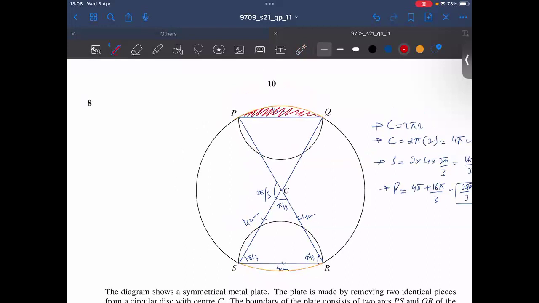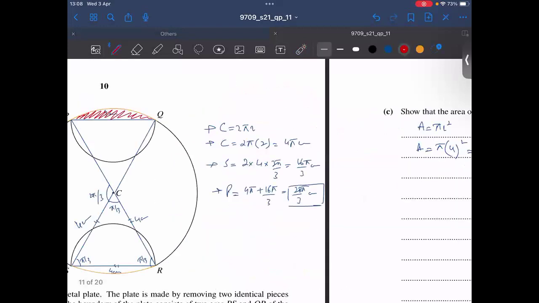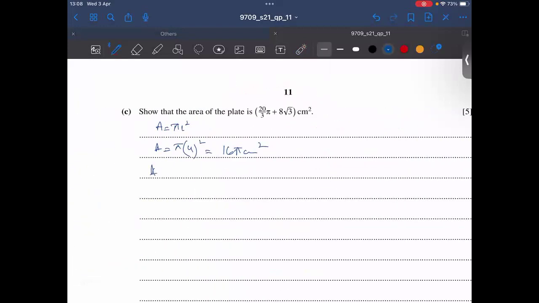How would you calculate the area of this red region? Area of red region is going to be equal to area of sector minus area of triangle.